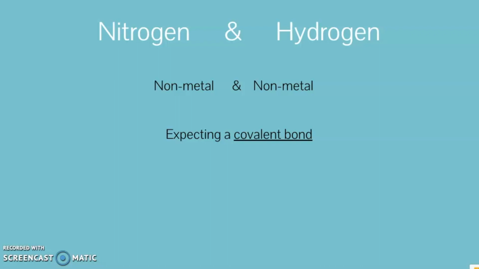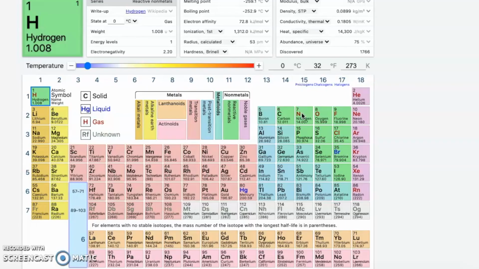So I'm going to head back to the periodic table to gather some information about nitrogen. I see that nitrogen has an atomic number of 7, meaning it always has 7 protons. In a neutral nitrogen atom, that means it would have 7 electrons too. I'm also noticing that nitrogen is falling into group 15 or main group 5, meaning that I expect 5 valence electrons in nitrogen.